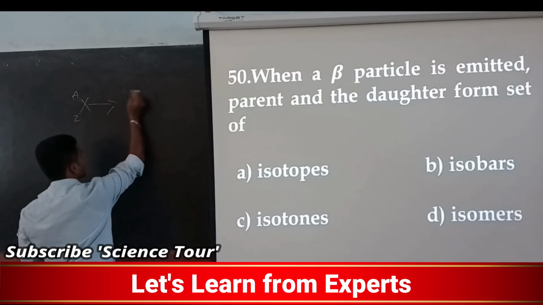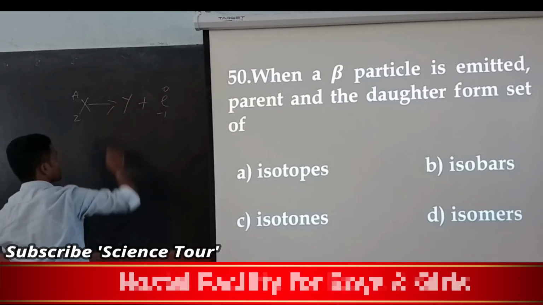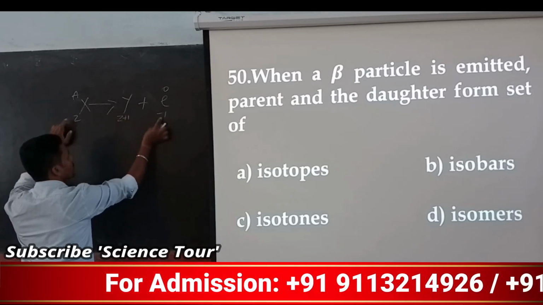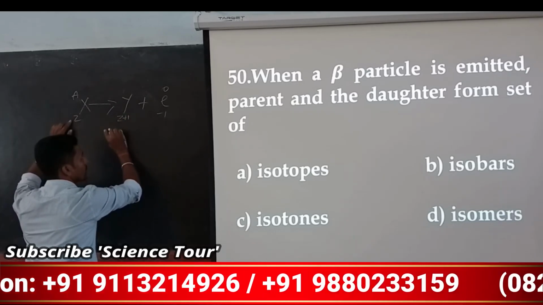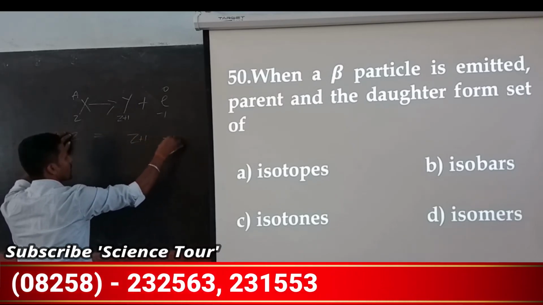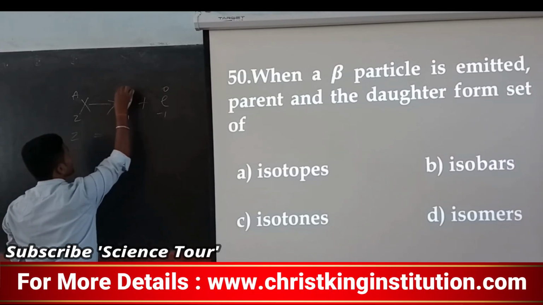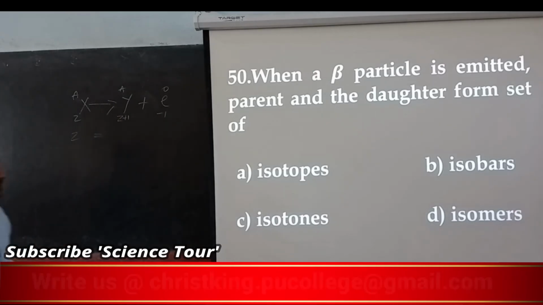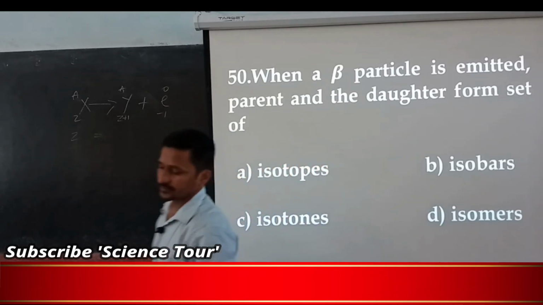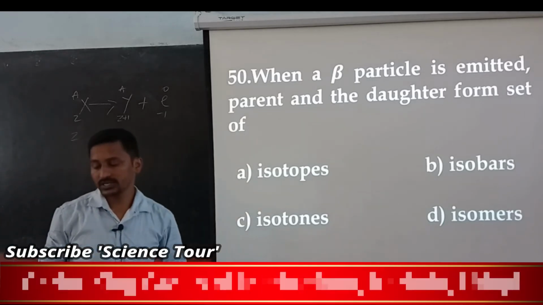So I'll write down for our convenience, here it is -1 and 0, and Y is the daughter nucleus. Z plus 1 I have to write down. Then only Z equals Z plus 1 minus 1, then only the equality comes. So Z increases by 1, and A remains the same. Mass number is the same means they are isobars. So daughter nucleus and parent nucleus become isobars.